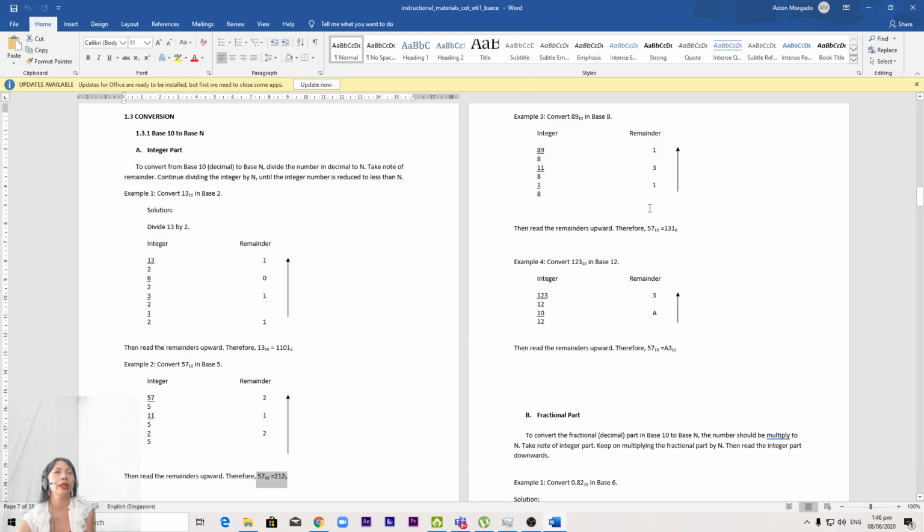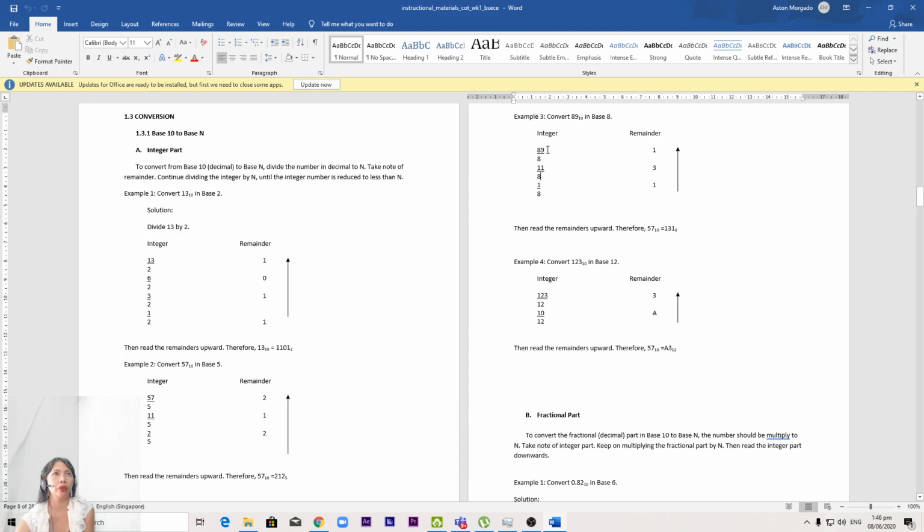Okay. The next, example number 3, is 89 base 10. Convert decimal 89 to base 8. So again, divide the decimal base 10 by the base number you want to convert to. So this time we'd like to convert it to base 8, so our divisor would be 8.